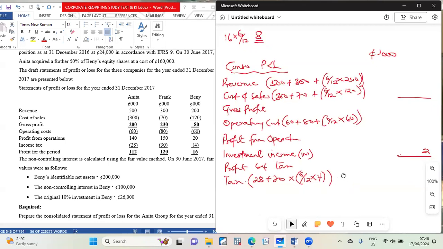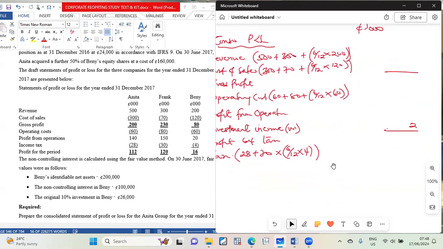All right. So as far as sales is concerned, this one gives me 900. All right. Then cost of sales, 430. So my gross profit therefore becomes 470. Then operating cost also gives me 170.